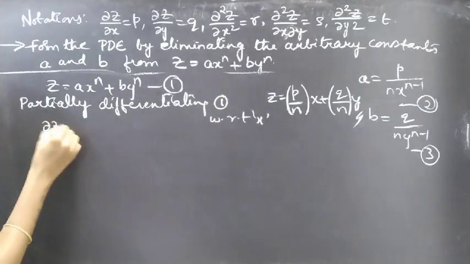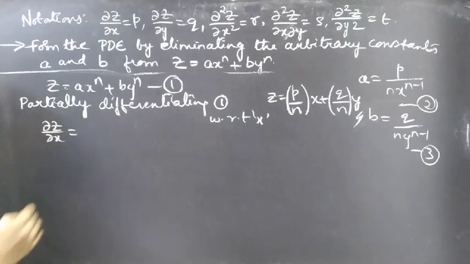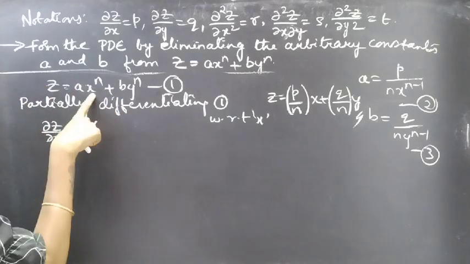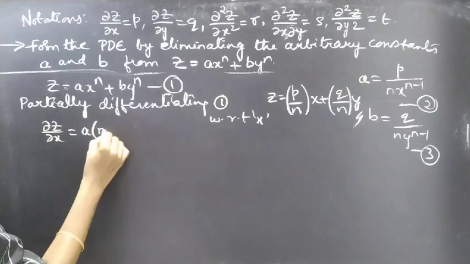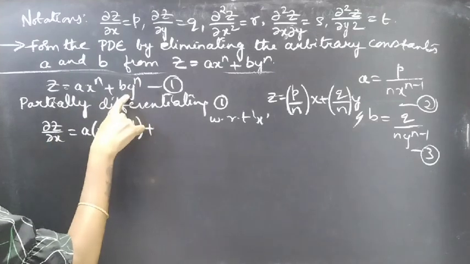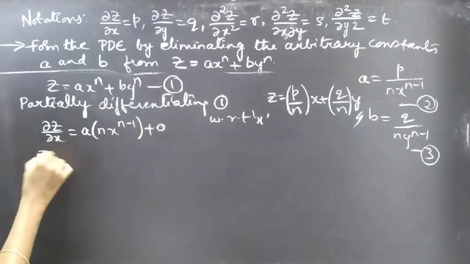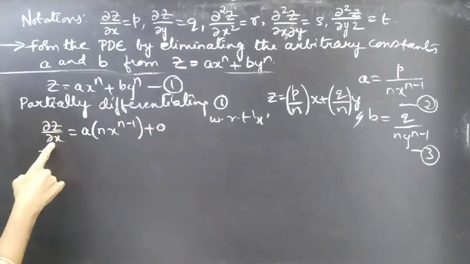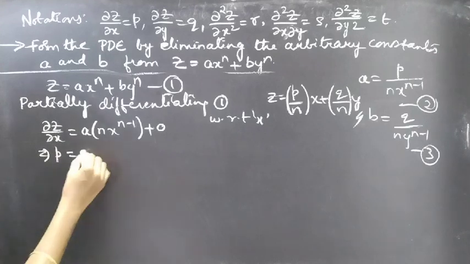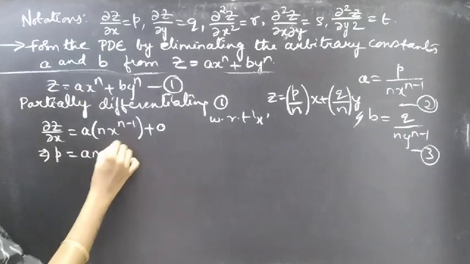We'll get dou z by dou x equal to, since we are partially differentiating with respect to x, y will be treated as constant, right? And also a, b are arbitrary constants, so we'll write it as a into partial derivative of x power n with respect to x, which is n into x power n minus 1, plus partial derivative of constant is 0. Now we have a notation dou z by dou x is p, so let's replace it by p equal to a n x power n minus 1.